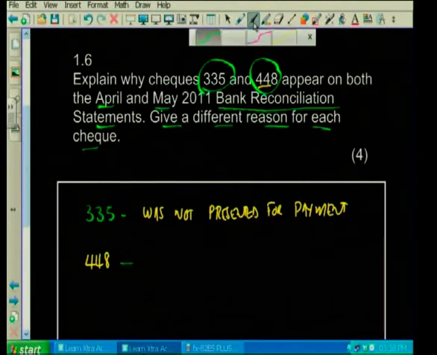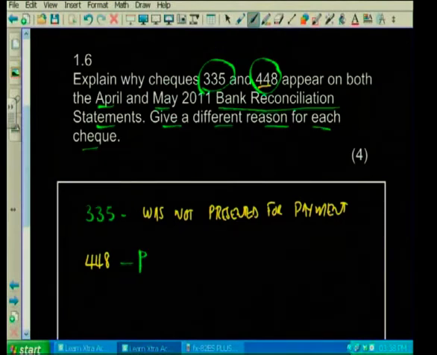Come on, you should be shouting out the answers there. As you're watching, I'm sure you're getting interested and shouting out the answers as I explain. What is that? 448 is what we call a post-dated check, right? This check cannot be presented for payment. Why?